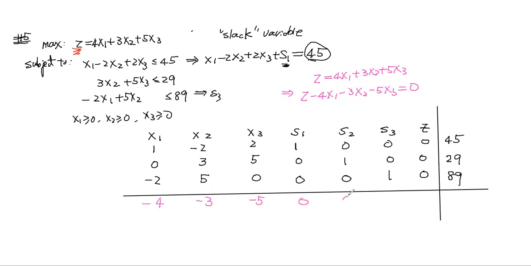No, so it's 0, 0, 0. z is 1, and the constant is 0. This is the simplex tableau. It's pretty straightforward, and you just need to remember how to construct it.